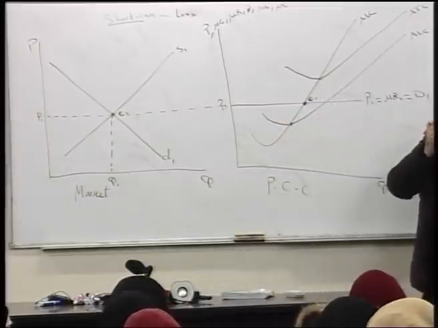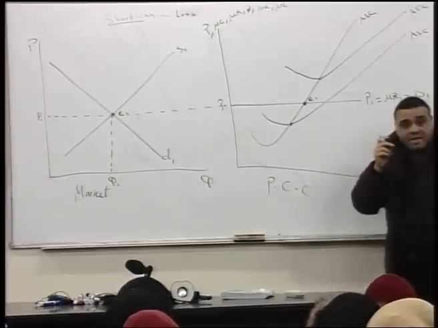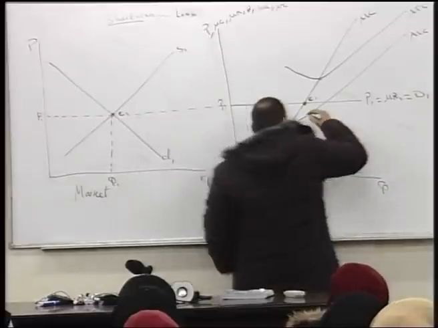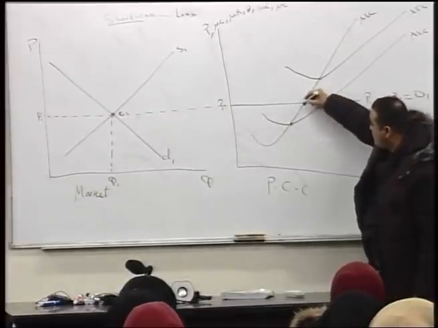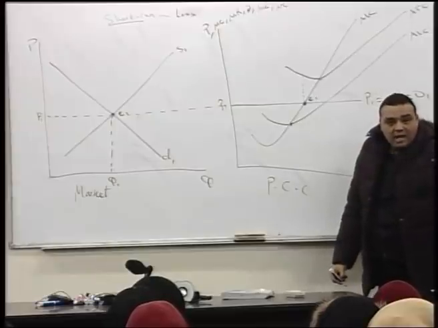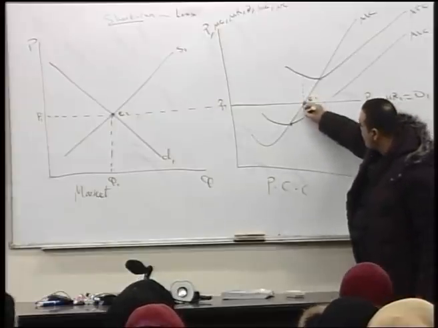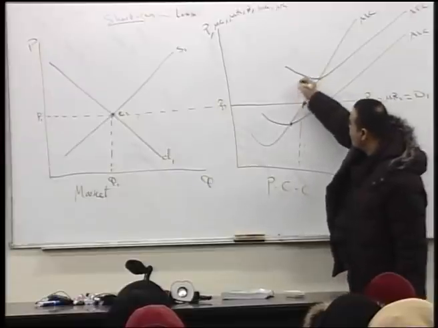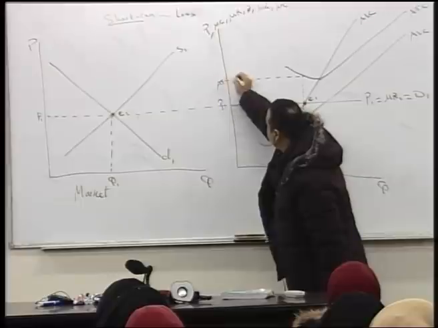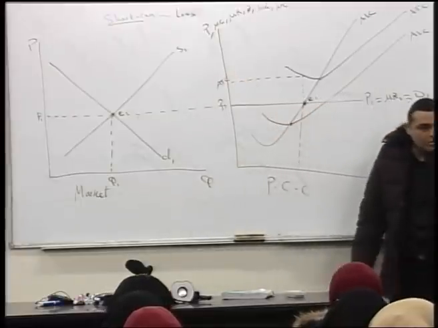To determine if we have break-even, loss, or profits, we have to take the vertical distance from E1 to ATC. Right? So this is P1 and this is ATC. Correct?